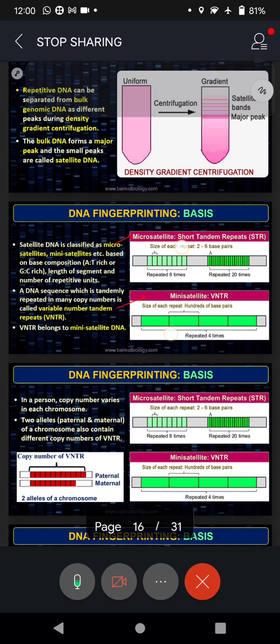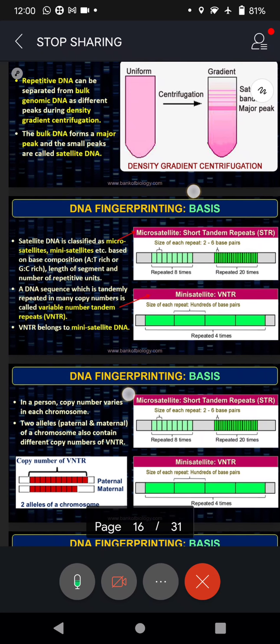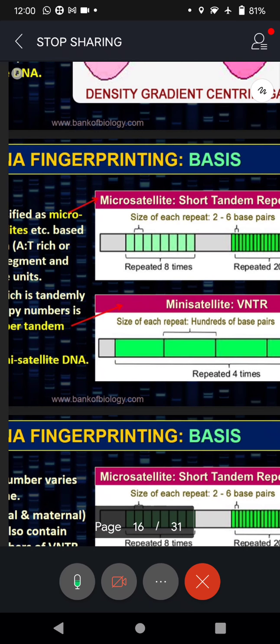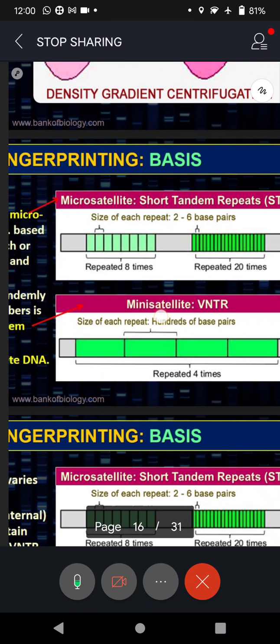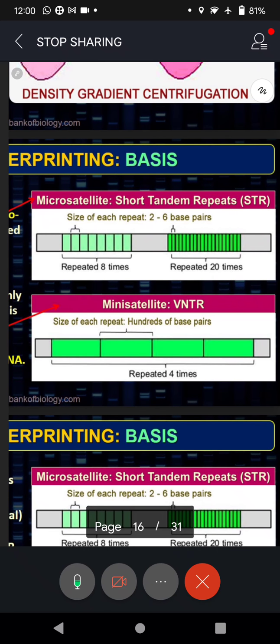Let me expand this so that you can focus on this. Yeah, look at that. Microsatellites. So among the VNTRs, this is the mini satellites and microsatellites. Microsatellites are short, only 2 to 6 base pairs, and that is repeated 8 times, repeated 20 times.